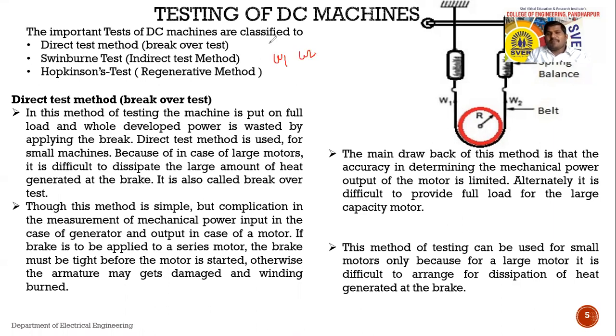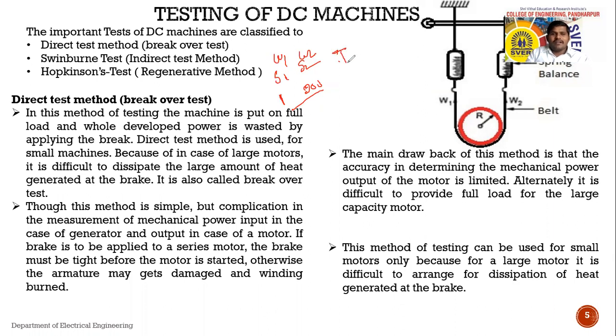We can call it spring balances, or a weight applied on the top pulley of the DC motor. So W1, W2 or S1, S2. Suppose S1 is equal to 1 kg and S2 is equal to 0.5 kg. We take the difference between these two, that is S1 minus S2 or W1 minus W2.